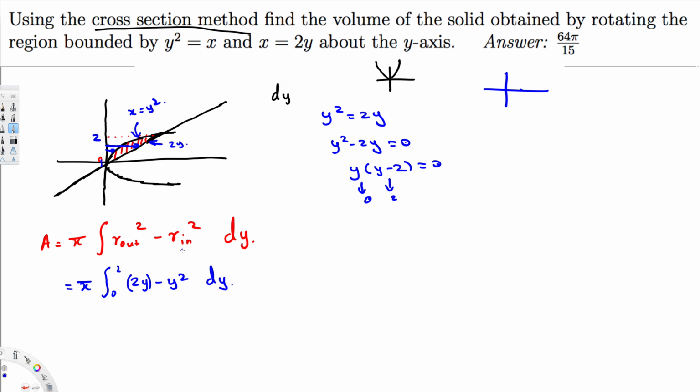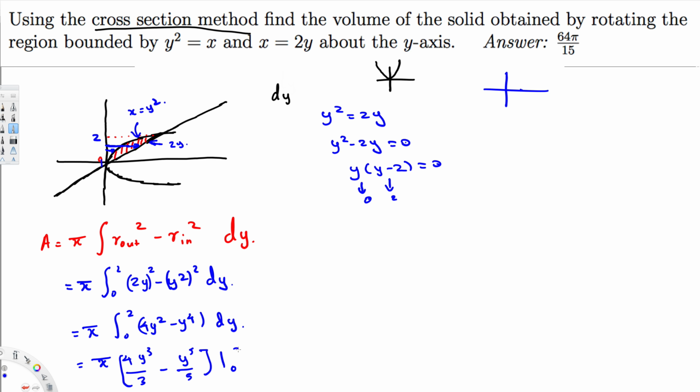This is r out squared minus r in squared. So if you square, this is going to be pi integral from 0 to 2 of 4y squared minus y to the power 4 dy. Now let's do the integration. This is going to be 4y cubed divided by 3 minus y to the power 5 divided by 5, going from 0 to 2.